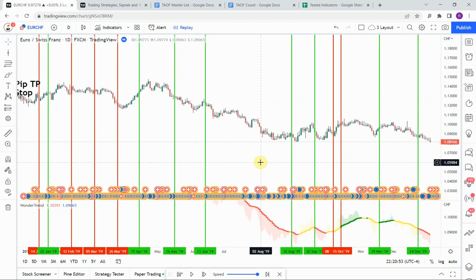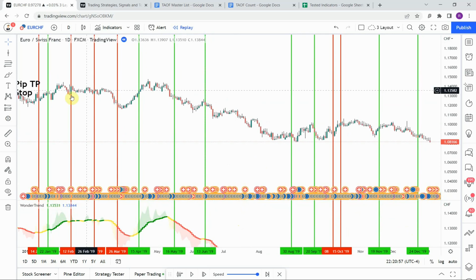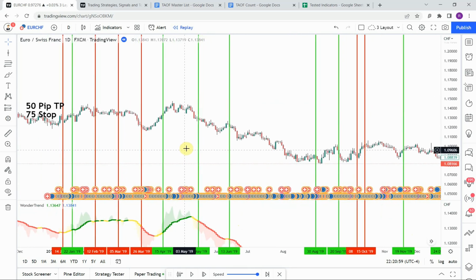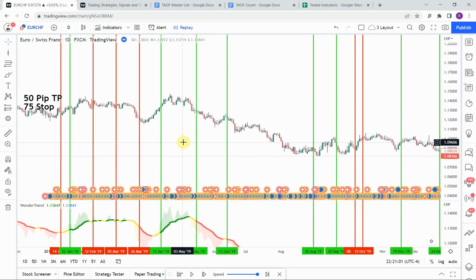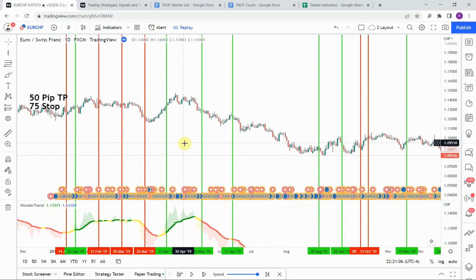This indicator was interesting. It seemed like it did all right at some moments, but it also kind of fell victim to the same issue that we've seen with many other indicators before, where it seemed like when consolidation set into the market, then it couldn't quite figure out what direction it wanted to go.